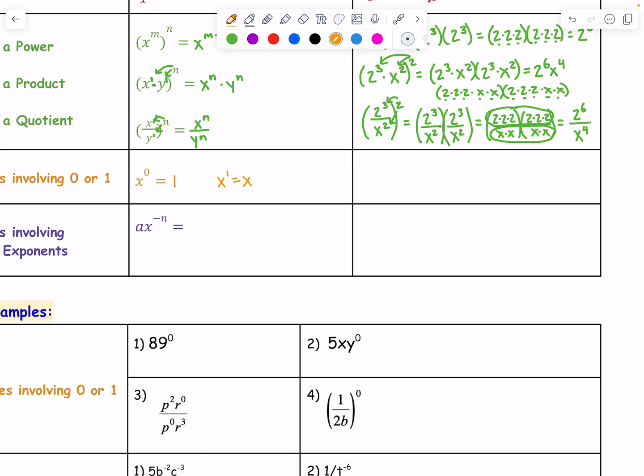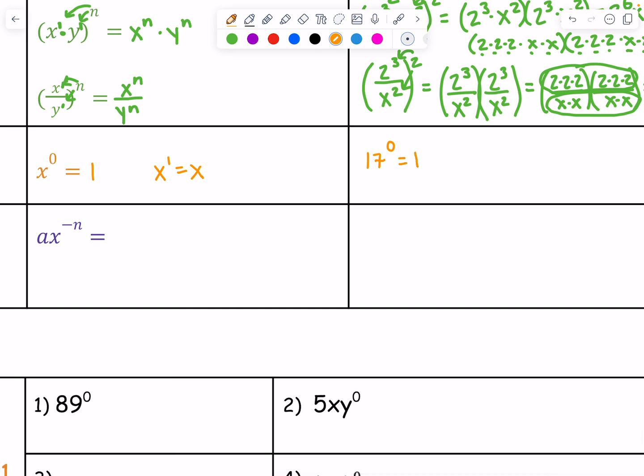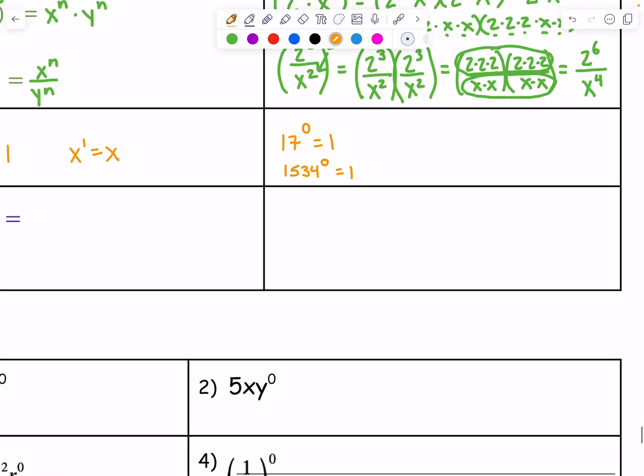So if I have 17 to the 0 power, for example, that would just equal 1. If I have 1,534 to the 0 power, that would still just equal 1. If I have 3xy to the 0 power, only the y has the 0 power for this one, so I would just say that's equal to 3x.